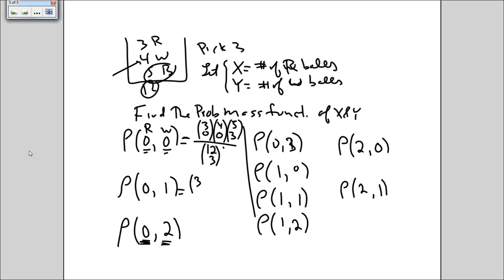From the 3 reds, we're going to pick some. From the 4 whites. From the 5 blues. We are going to pick no red, 1 white. So far we picked 1. So we have to pick 2 to be blue. And this gets divided by 12, choose 3.